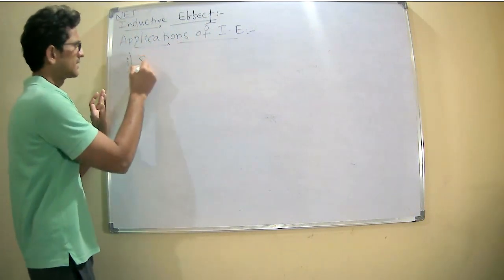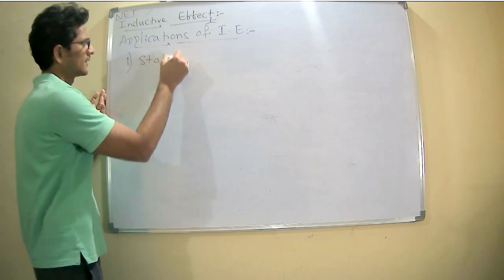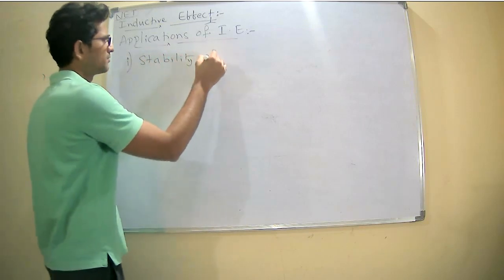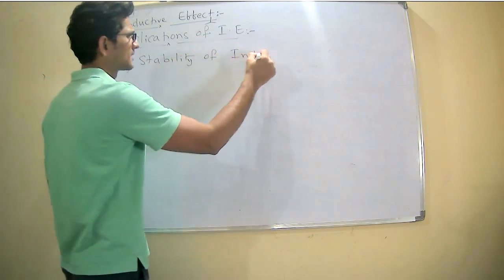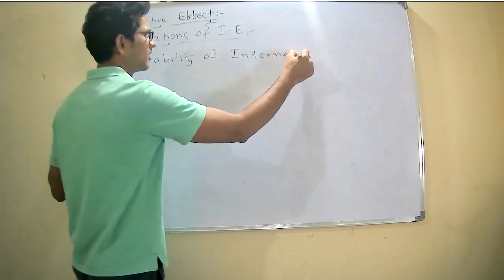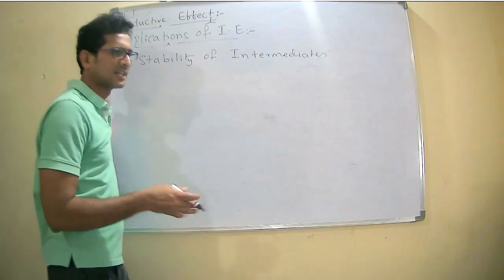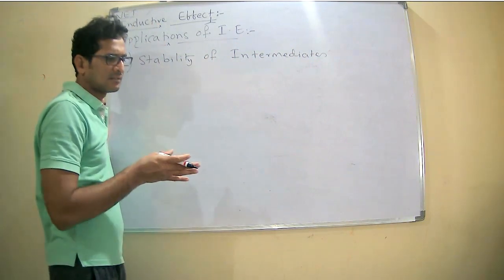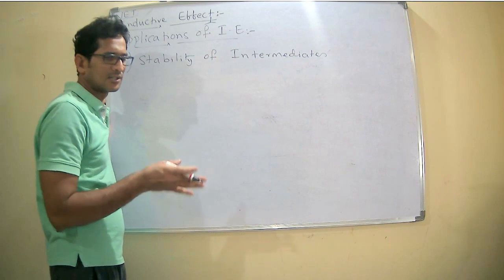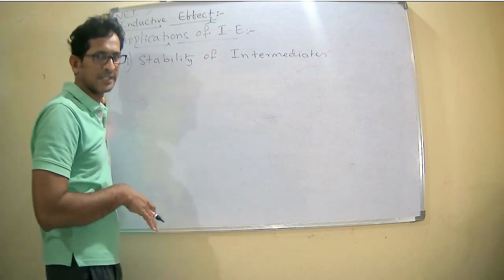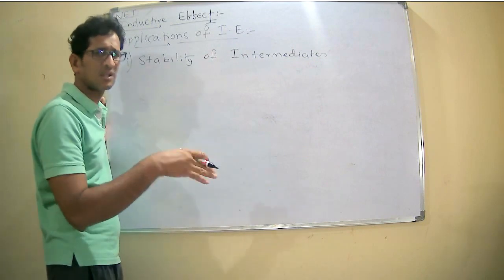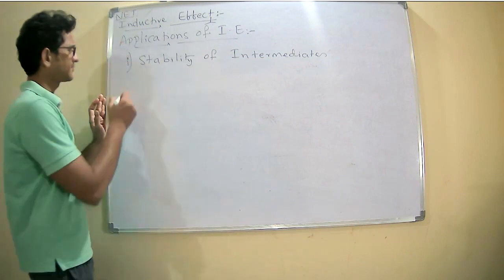The first one is stability of intermediates. A set of intermediates is given and you are asked to find out which is the most stable intermediate, like carbocation, carbanion, right?